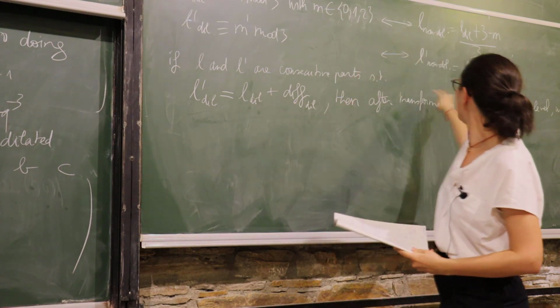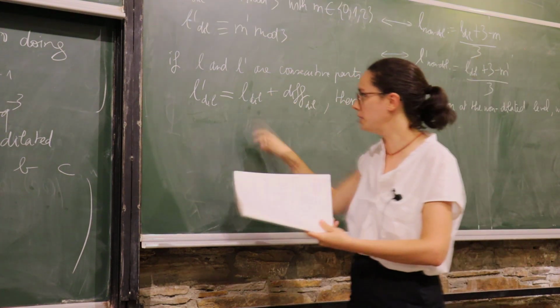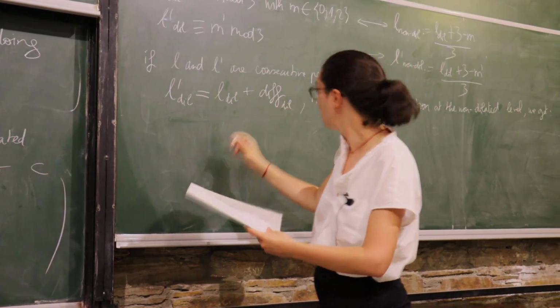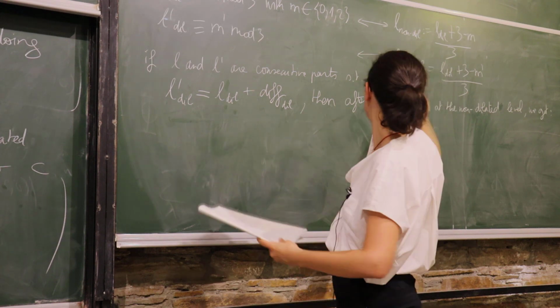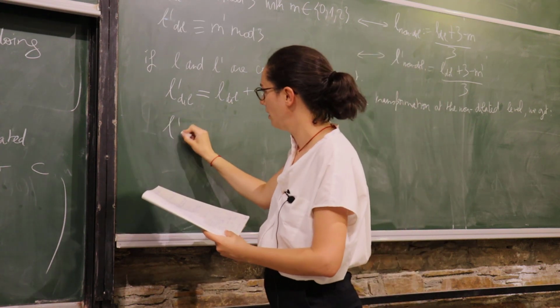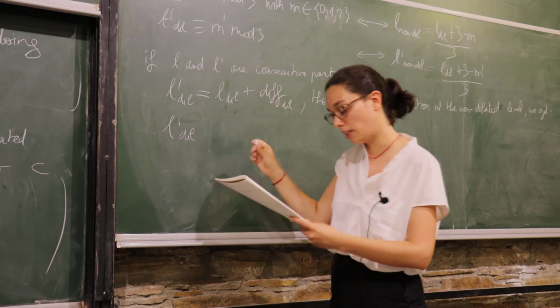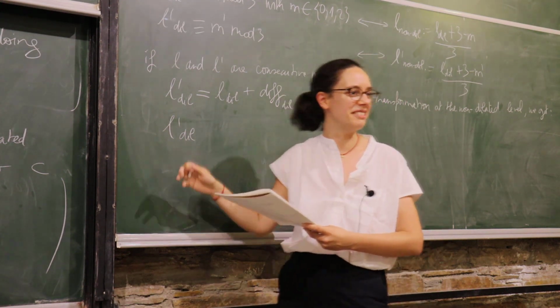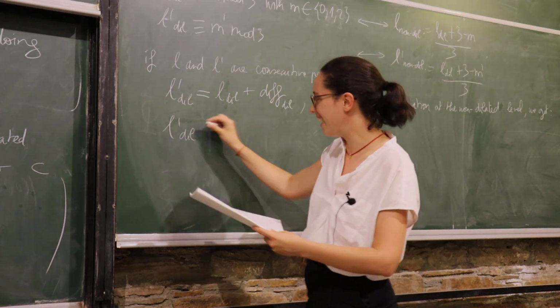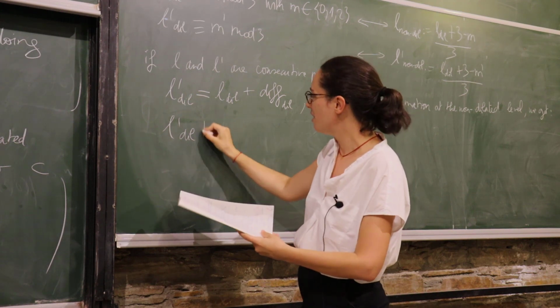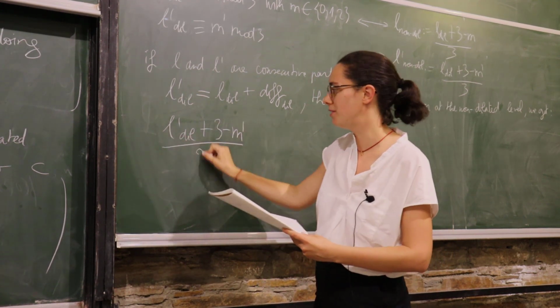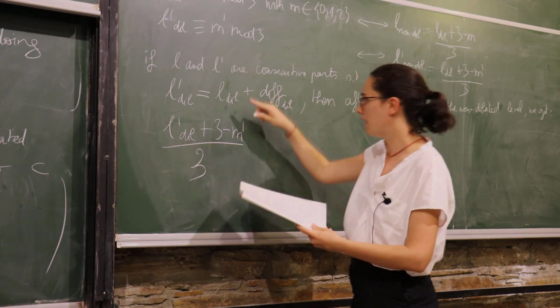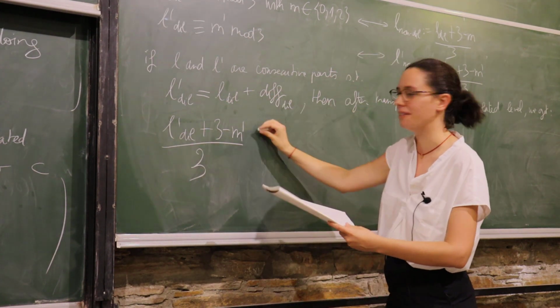So we want to make these formulas appear. We just take this equation and we add what we want here on the left to get this. So we just write lambda of L prime, L prime dilated plus 3 minus m prime, and we divide by 3. And on the right, we have to do the same thing.